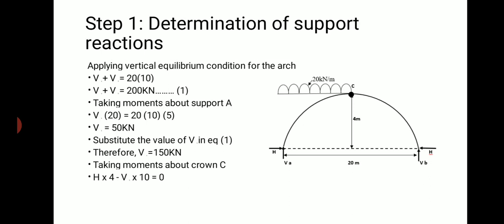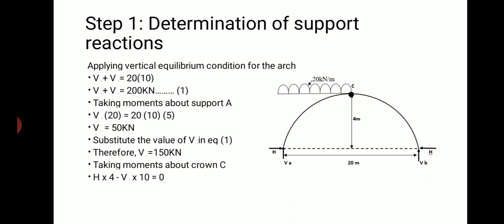So in order to determine the value of H, I need to consider the moment about crown. Either you can take the left side of the span or you can take the right side of the span, not both.